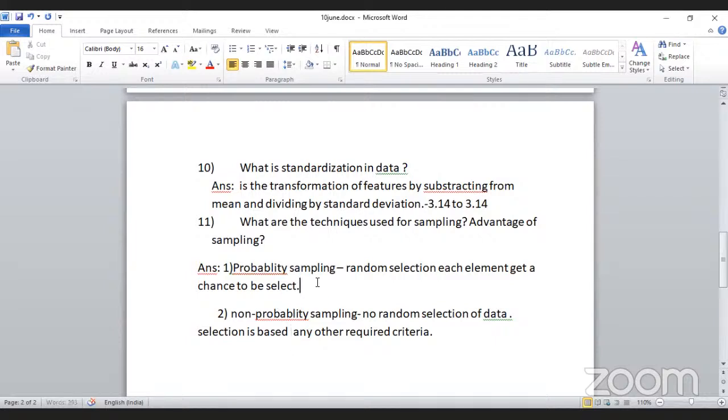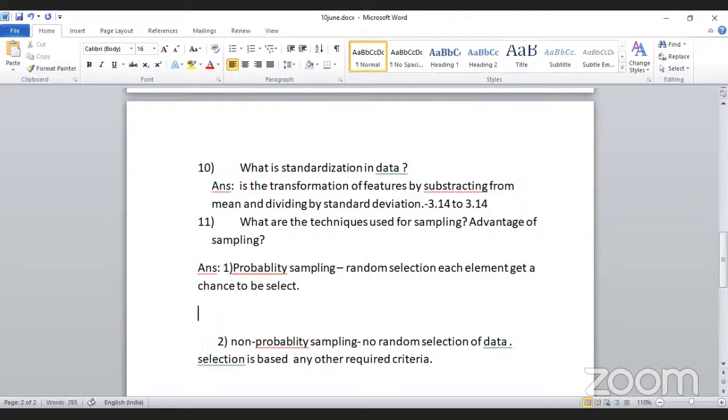So there are some probability sampling techniques. First one is simple random sampling.